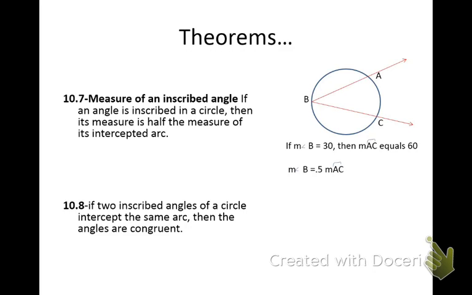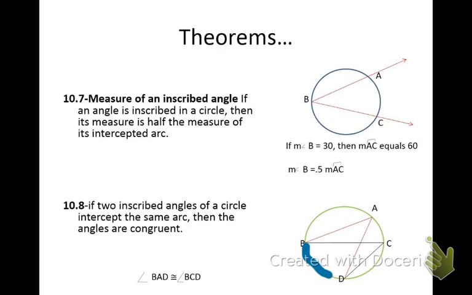If two inscribed angles of a circle intercept the same arc, then the angles are congruent. So it looks like this. Okay, in this picture we have angle BAD, the red angle, and angle BCD. They both intercept this arc, BD.